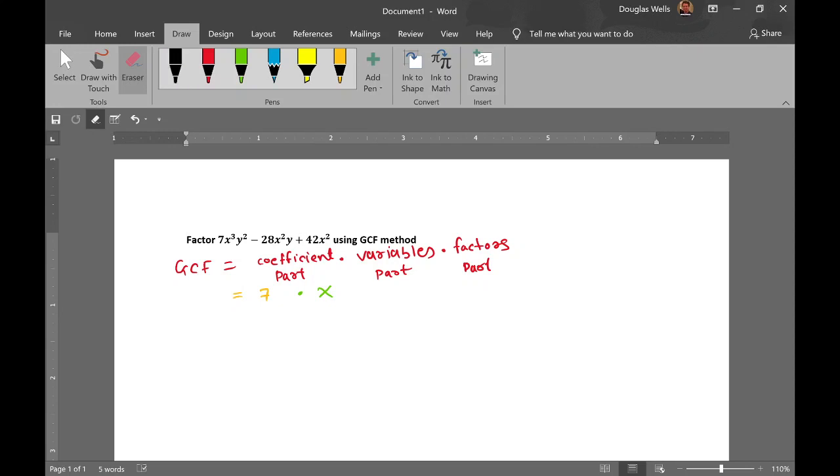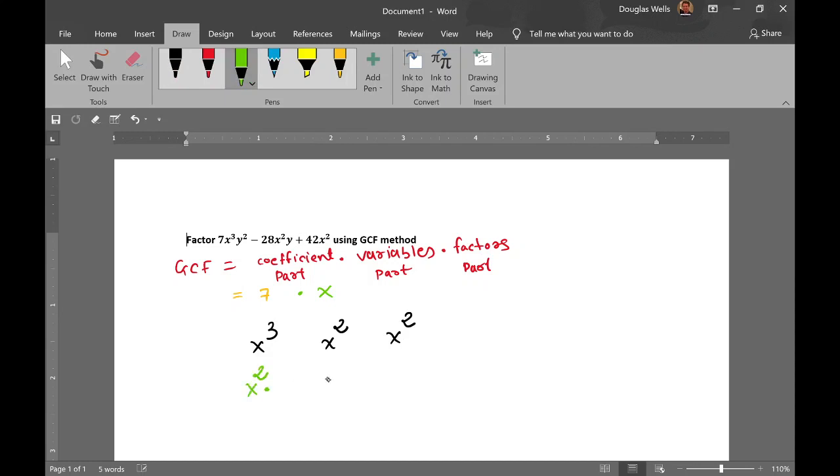So let's write it: x to the cube, x to the square, and x square. In these three terms variable x is common, but what exponent is common in all three? And that exponent is nothing but x to the square.